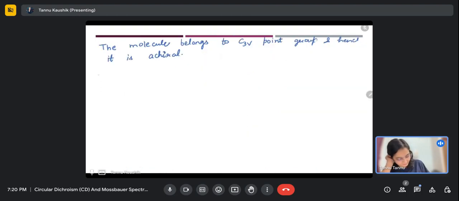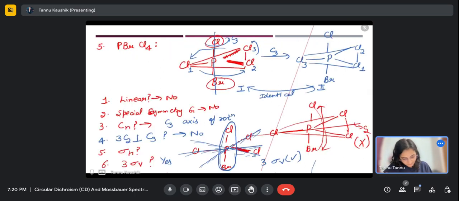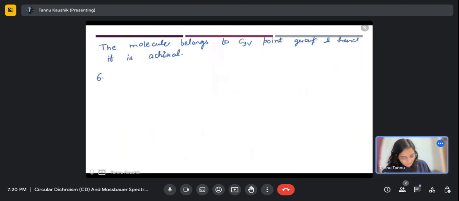The next example is that of dinitrogen dihydride.